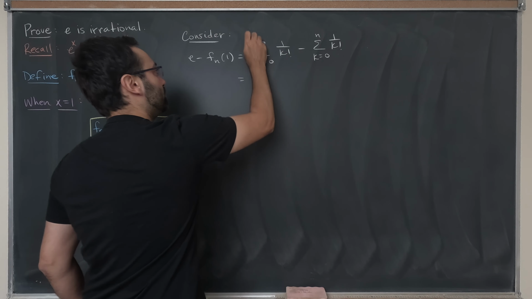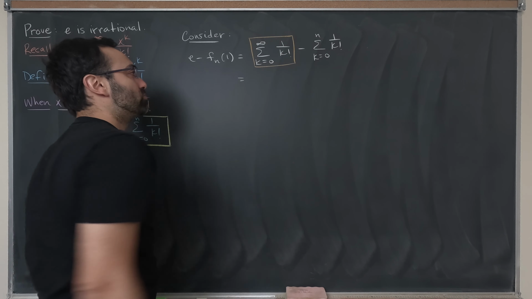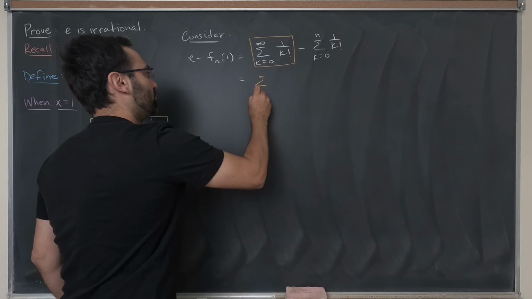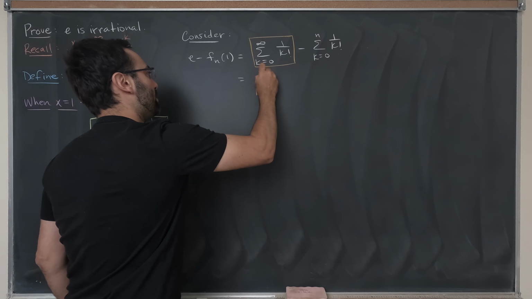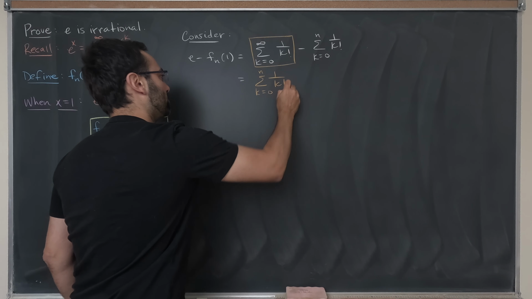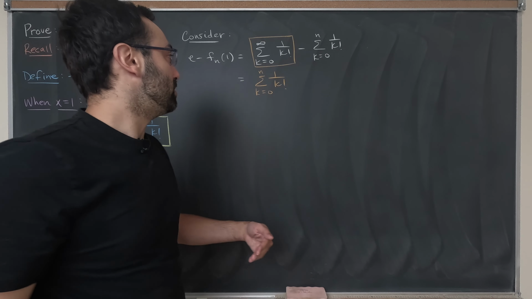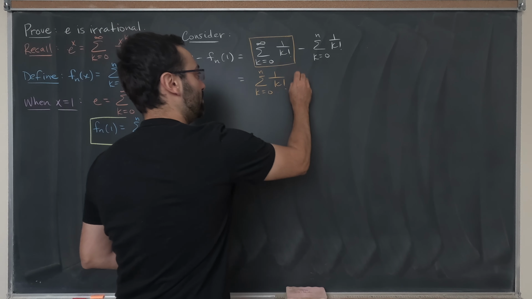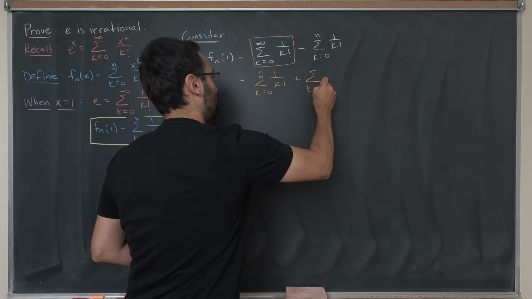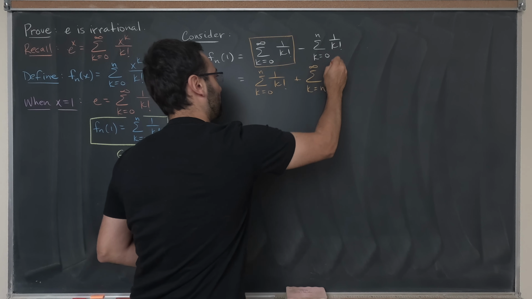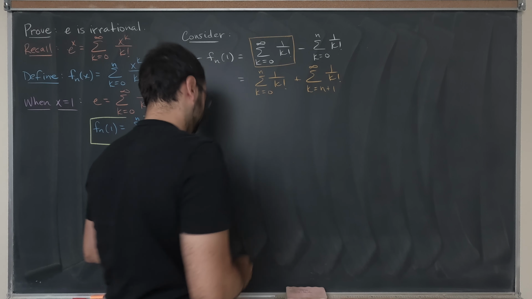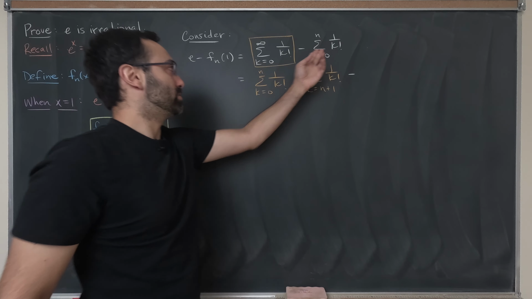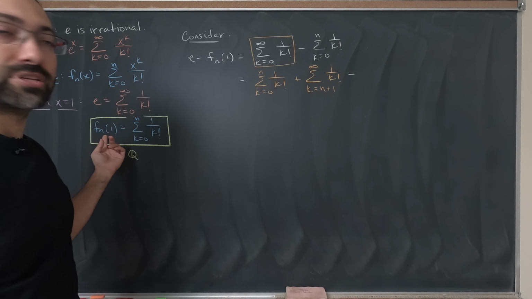This representation of e, we can break that up and write the sum from k equals 0 up to n. And now we still need the sum from the n plus 1th term all the way up to infinity, so we'll add that in. Minus this representation of this function f sub n of 1.